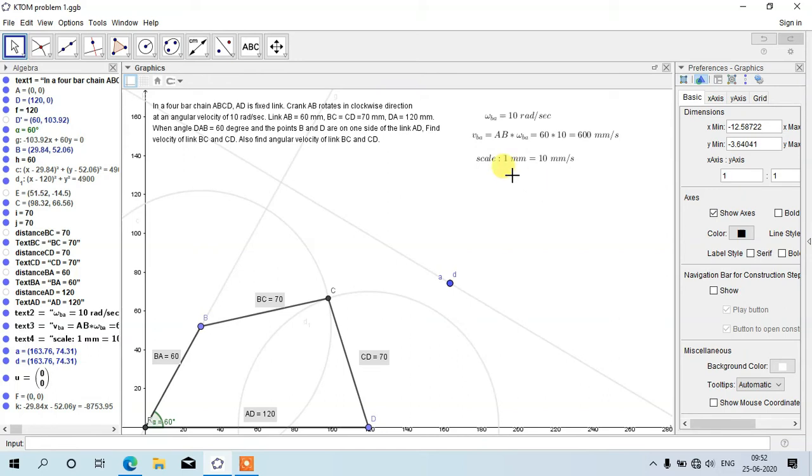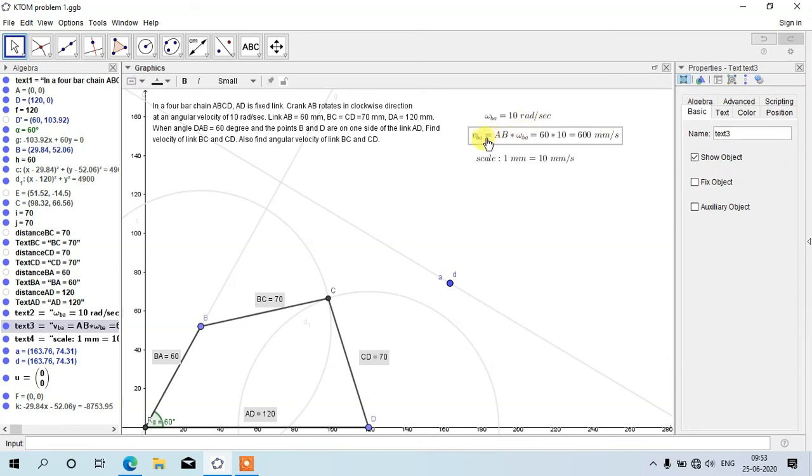We have assumed that our scale is 1 mm is equal to 10 mm per second. So if I convert this velocity VBA using this scale, then what will be the length of this vector velocity BA? It will be 60 mm. If on my page 1 mm represents 10 mm per second, so 600 mm per second will be represented by 60 mm.